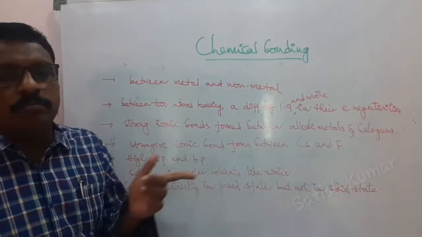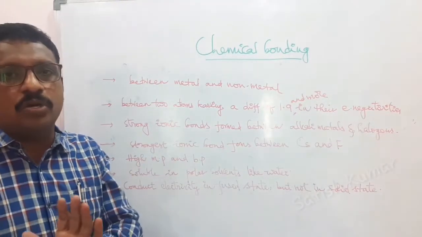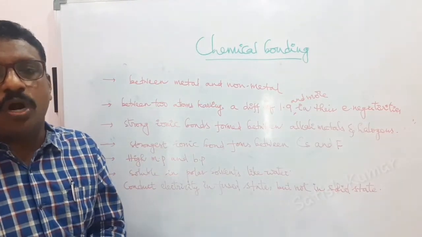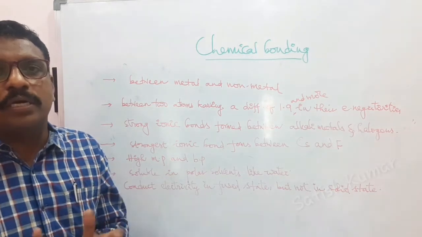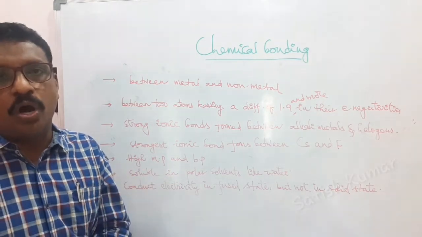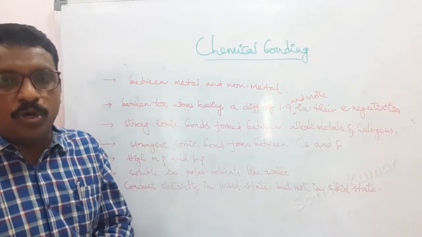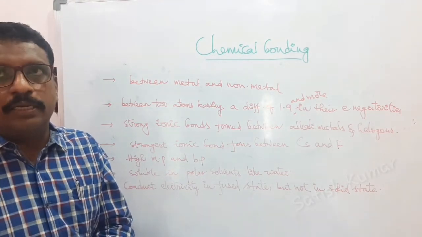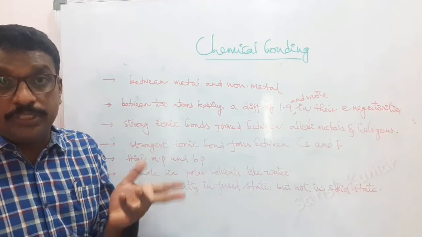And they are soluble in polar solvents. పోలార్ సాల్వెంట్స్ అంటే వాటర్ లాంటి వాటిలో కలుస్తాయి, but not like kerosene. కిరోసిన్ లాంటి వాటిని నాన్ పోలార్ సాల్వెంట్ అంటారు, kerosene and petrol, these type of things.